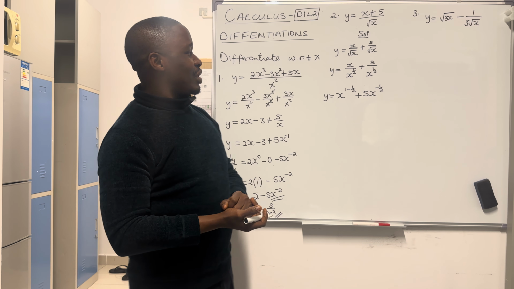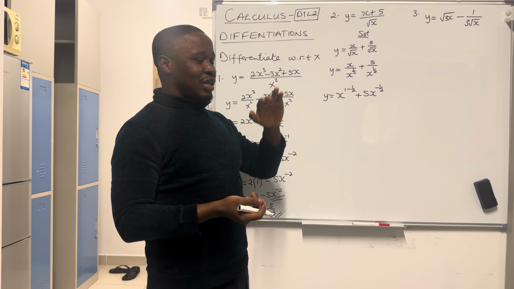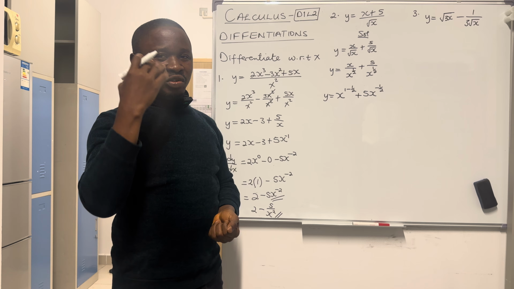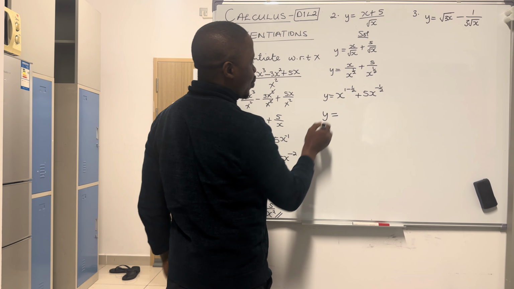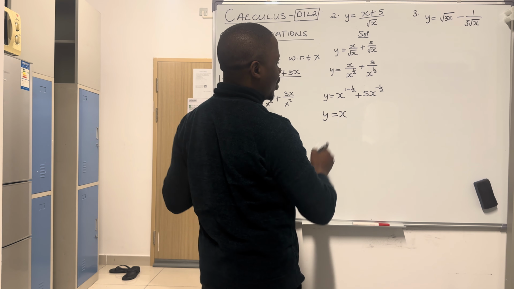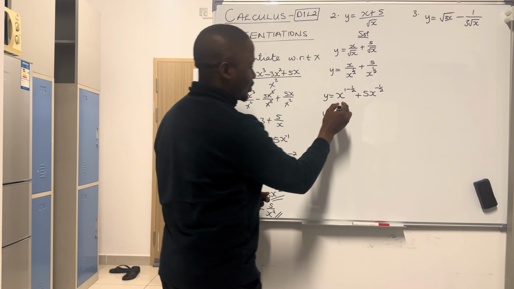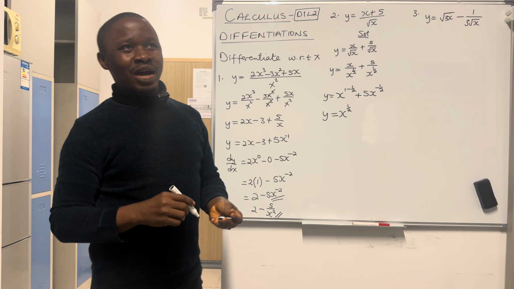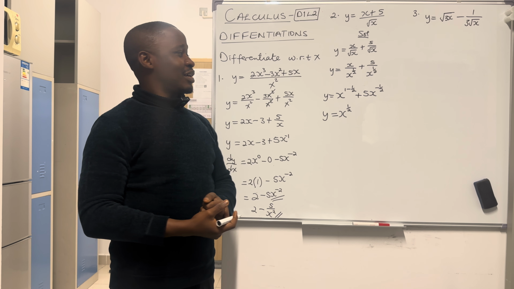Remember, moving a base from denominator to numerator or numerator to denominator, you need to change the sign of the power. So here we say y is x raised to the power 1 minus half. It remains half. You have one piece of cake and you decide to give away half of that cake. That will remain half.